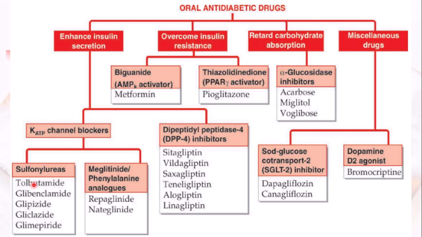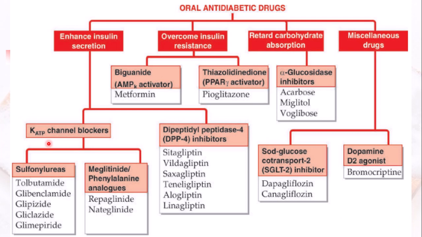As I had said earlier, the insulin secretagogues bind to the sulfonylurea receptor SUR1. They block the ATP-sensitive potassium channels, resulting in depolarization. This depolarization results in the opening of voltage-gated calcium channels, which results in a calcium influx.